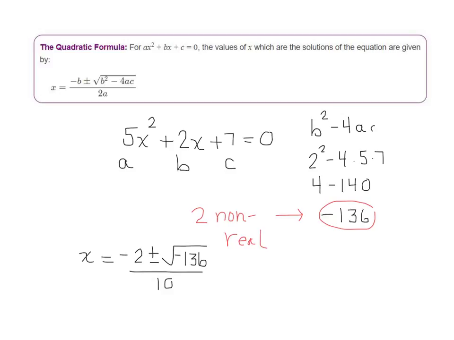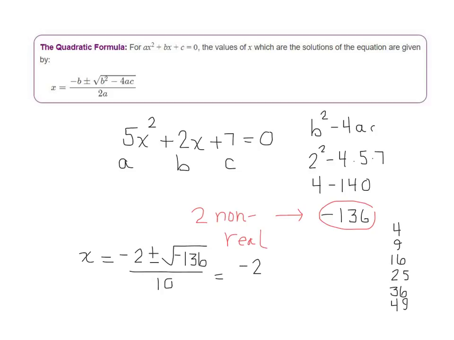But if we continued on to find what these solutions are, just for practice, then we're going to need to go about simplifying that radical, the 136. So to simplify that radical, 136, the largest perfect square that divides evenly into it is the number 4.